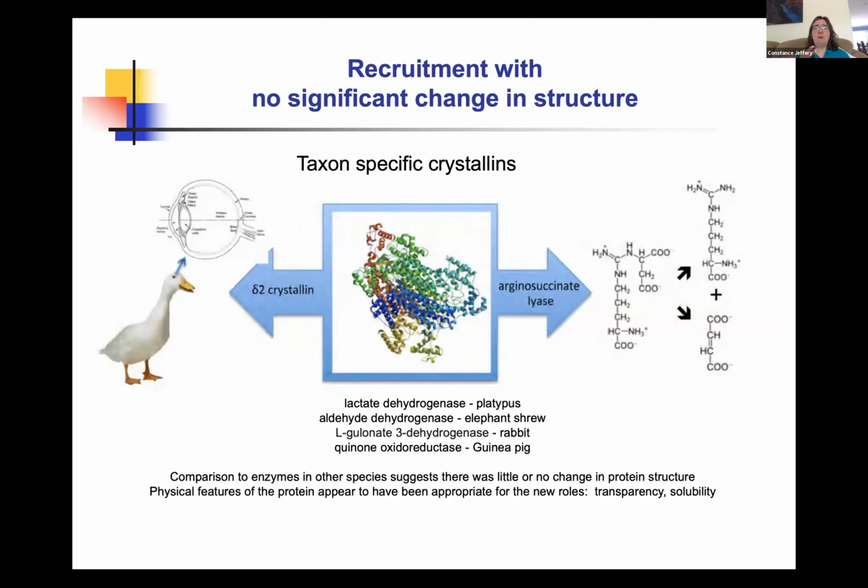And as far as we can tell, the structure of the protein doesn't really change much between these two functions. It would just have the appropriate physicochemical properties to perform this other role. And so it was adopted during evolution in different lineages to perform this function in the eye.